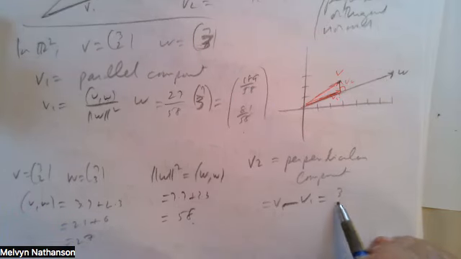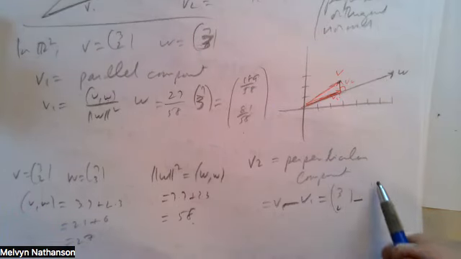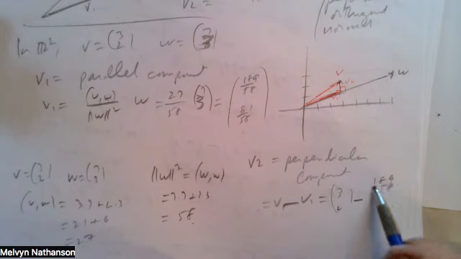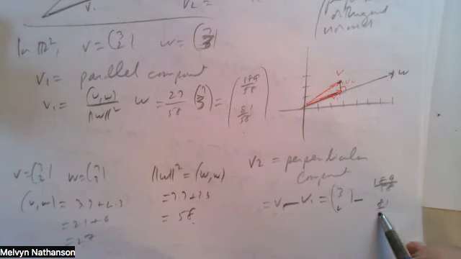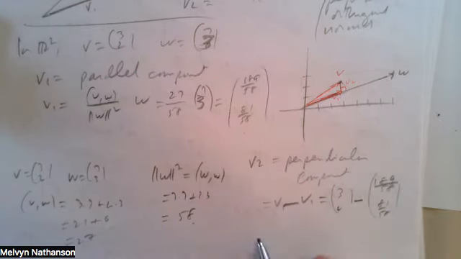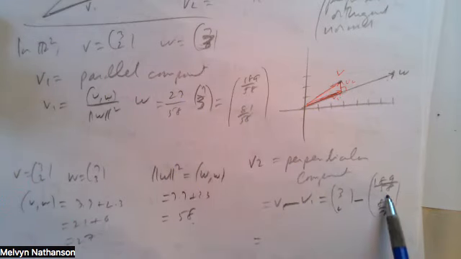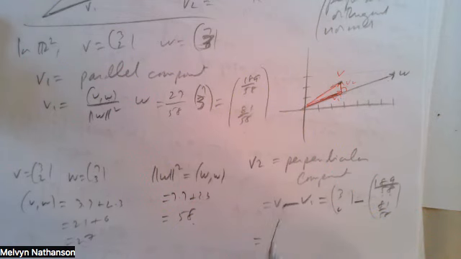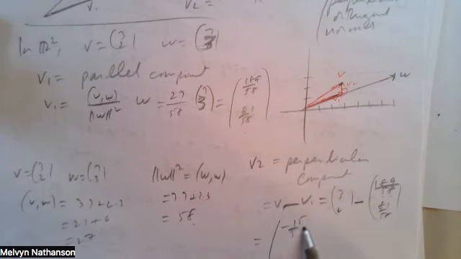That's (3, 2) minus (189/58, 81/58). So you do the arithmetic: 3 times 58 is 174, so this should be minus 15 over 58.